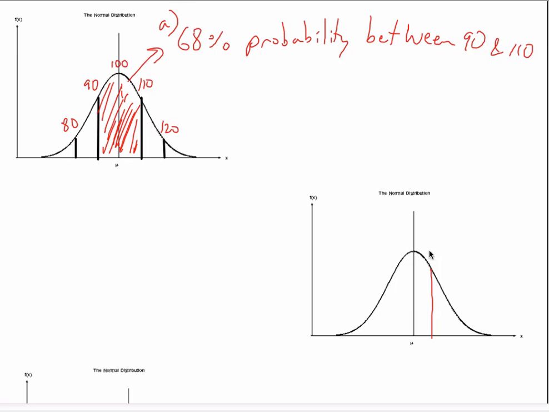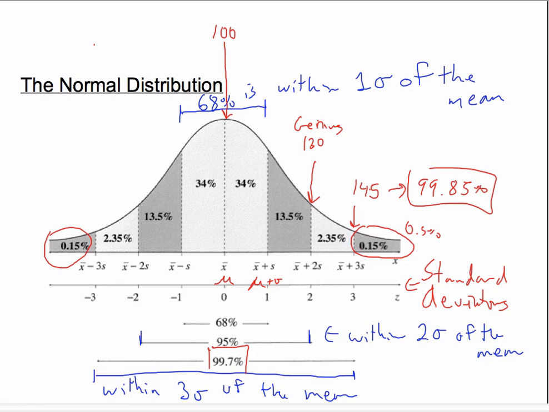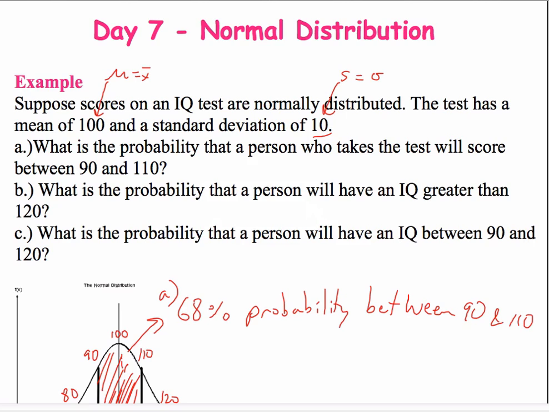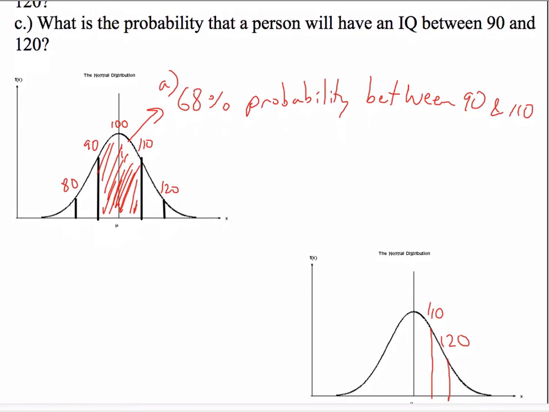Okay, so part B says what's the probability of an IQ greater than 120? So greater than 120, well, this is 110. This is 120. Let's do two standard deviations right here. We know that 95% is within two standard deviations, so above two standard deviations above the mean is half of 5%, which is 2.5%.